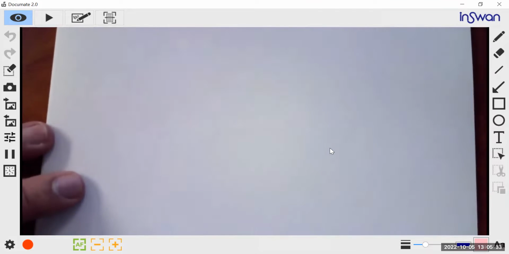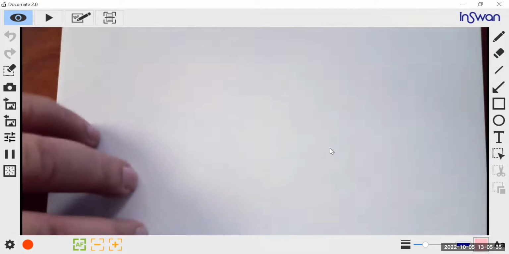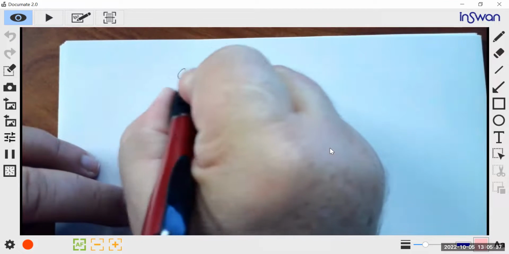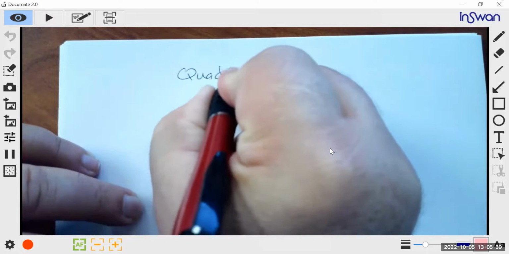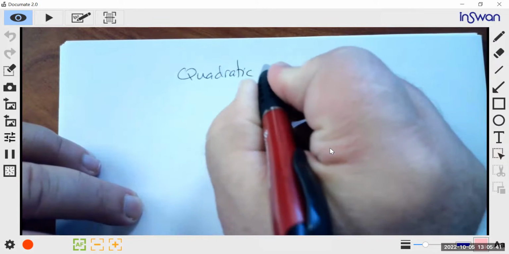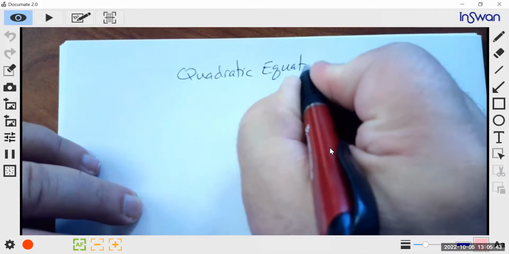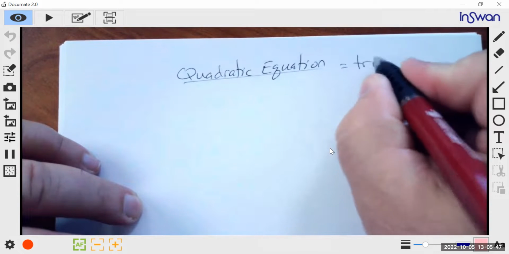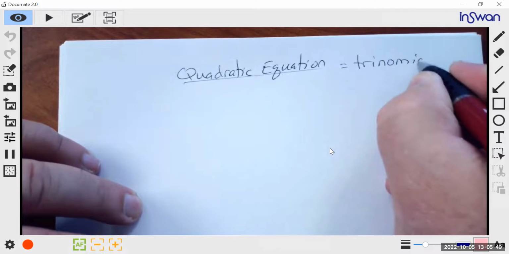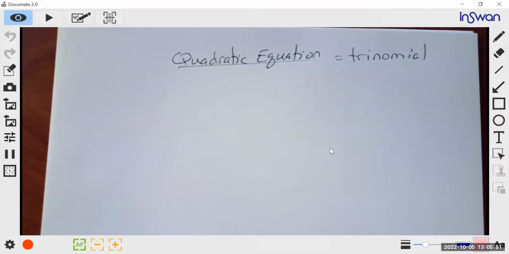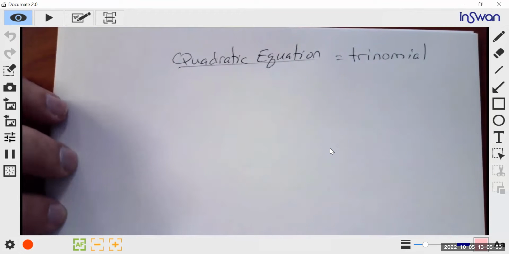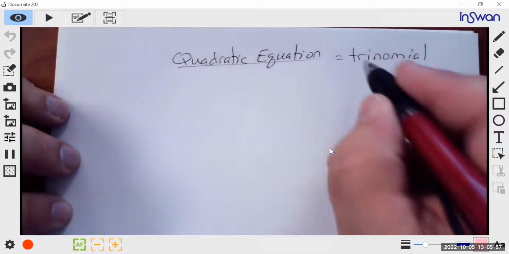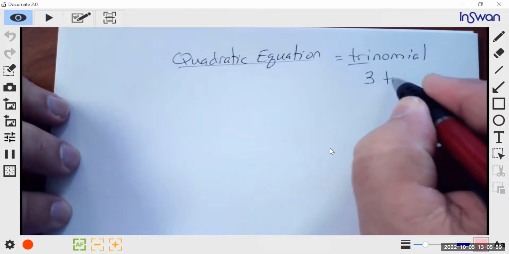Typically, a quadratic equation is a trinomial. What does that mean? What is a trinomial? Yeah, 3 terms.